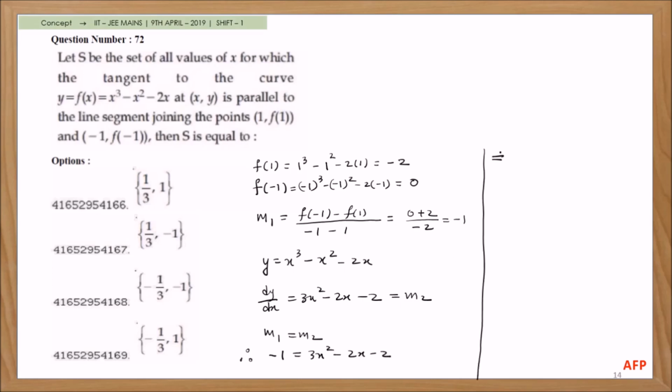This implies 3x square minus 2x minus 1 is equals to 0. The roots of this equation: 3x plus 1 into x minus 1 is equals to 0. So x must be equal to minus 1 by 3 and 1. The fourth option follows.